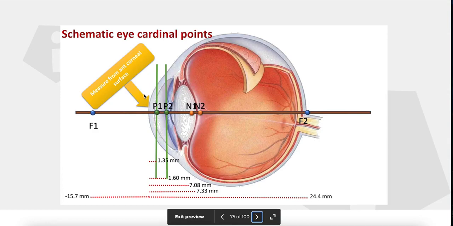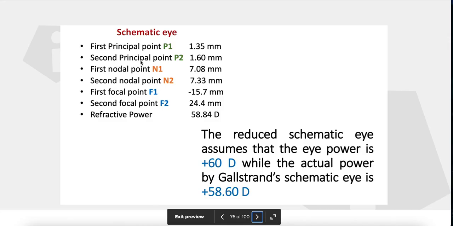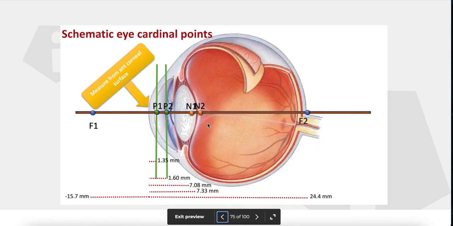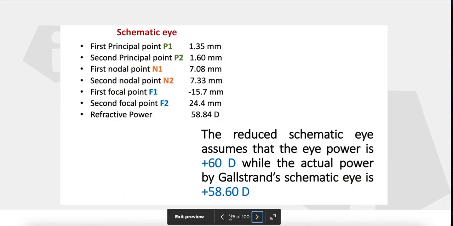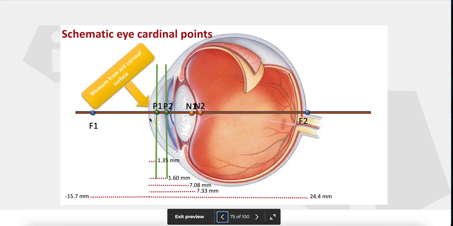As we mentioned, the schematic eye cardinal points are measured from the anterior corneal surface, and we have six cardinal points: two principal points, two nodal points, two focal points. The two nodal points are straddling the posterior surface of the lens, as you can see here, and the anterior focal point is in front of the cornea.